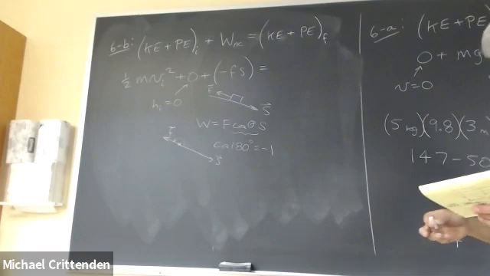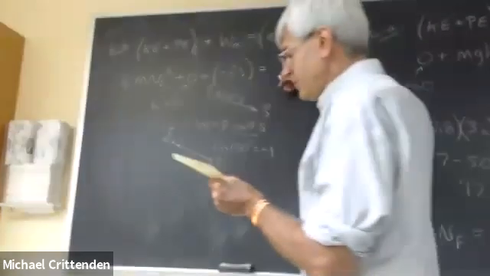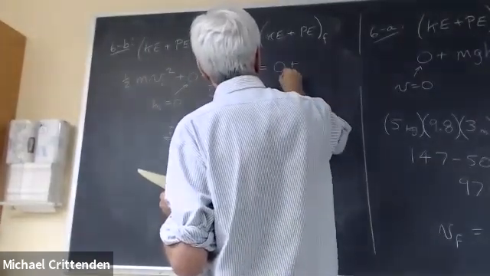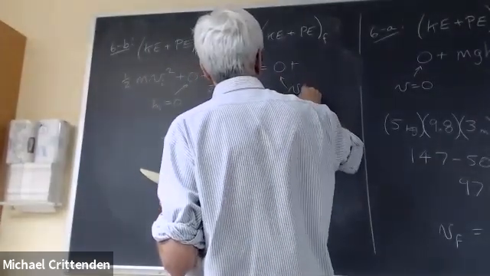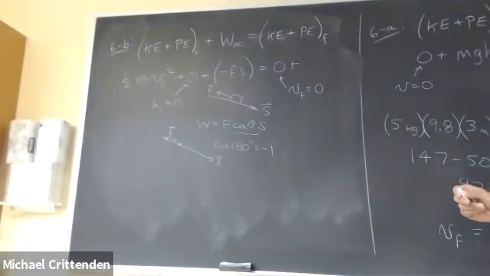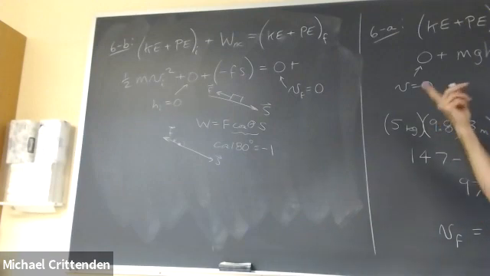Now that I've beaten that to death, over here on the other side, the final kinetic energy is 0 because you coast to a stop. When you stop, you've got no kinetic energy.